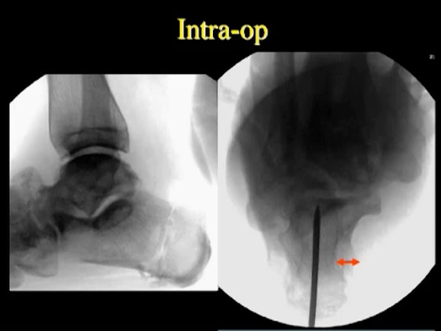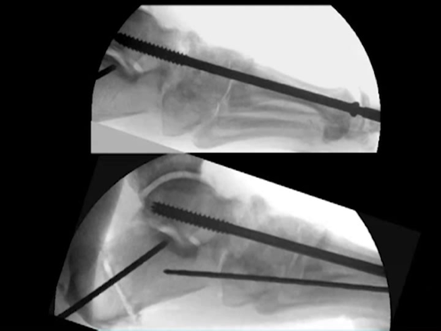The heel varus correction was achieved via a Dwyer calcaneal osteotomy. This was also laterally translated in order to obtain a central heel position underneath the long axis or anatomical axis of the tibia. So you can see the lateral translation of the calcaneus and fixation there.